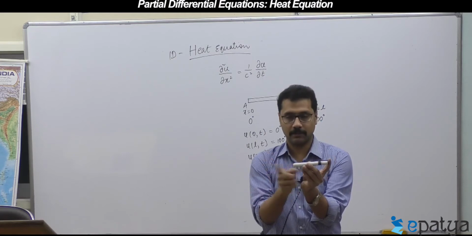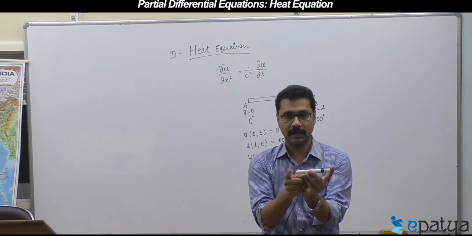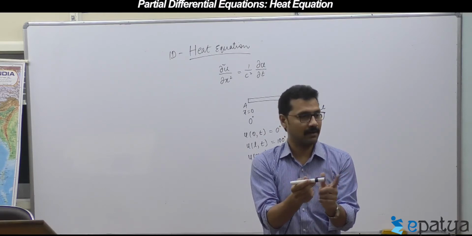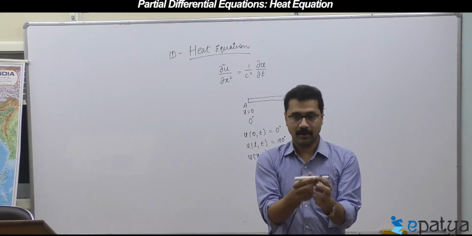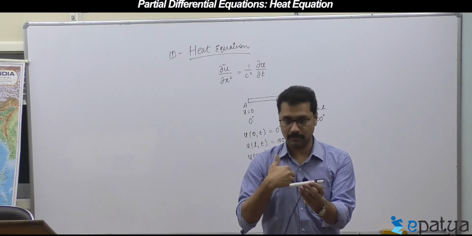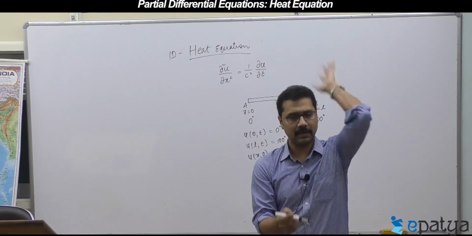Here I will maintain 0 degrees from T equal to 0 onwards, and here 100 from T equal to 0 seconds onwards. Already there might be some temperature distribution inside, but from now onwards I will maintain 0 here, 100 here, till the end.